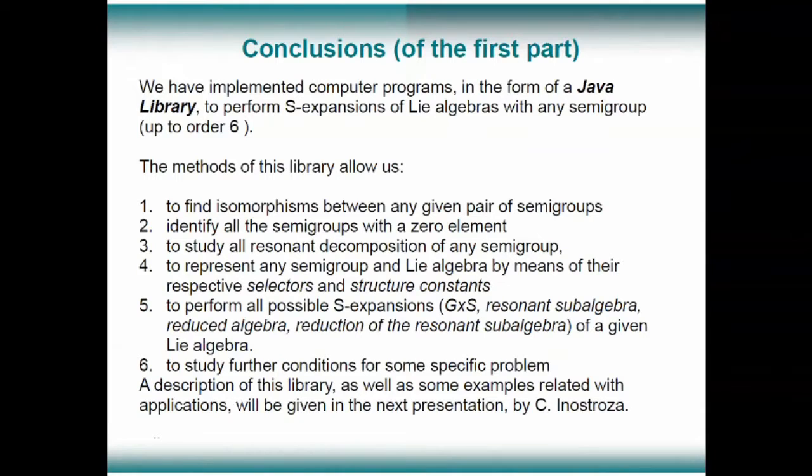The methods allow us to find isomorphisms between any given pair of semigroups, identify all the semigroups with a zero element, study all resonant decompositions of any semigroup, represent any semigroup and the algebra by means of the respective selectors, and perform all possible expansions. They also find the reduced algebras of a given Lie algebra, and this is very interesting, to study further conditions for some problems.